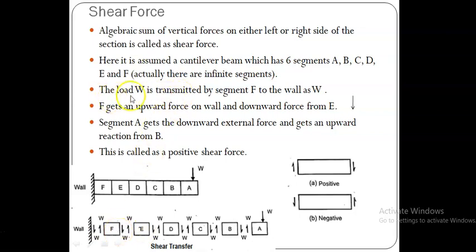The load W is transmitted by segment F to the wall as W, that is a downward force, but F gets an upward reactive force from the wall and a downward force from E. So in order to maintain equilibrium, it has an upward force from the wall and a downward force from E.